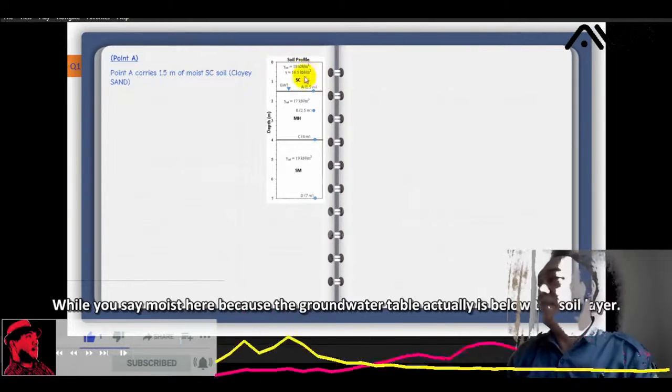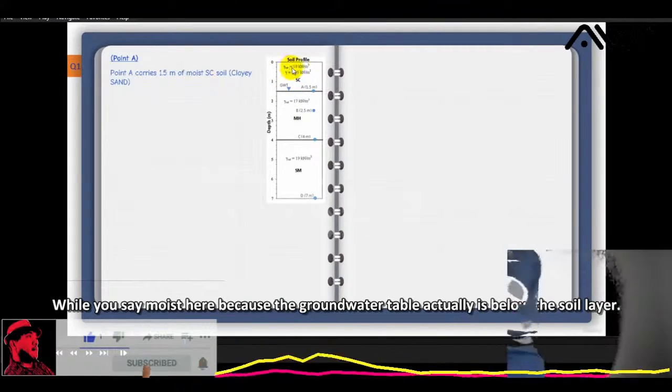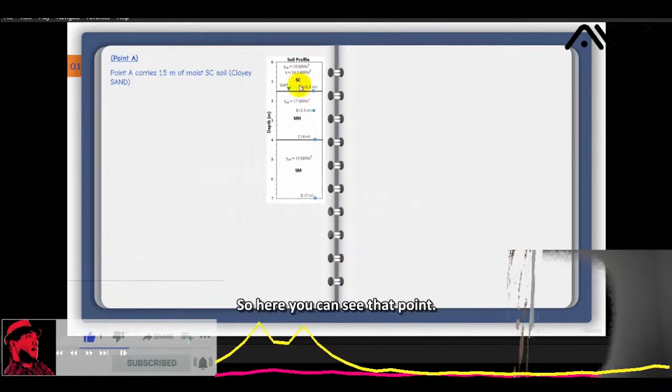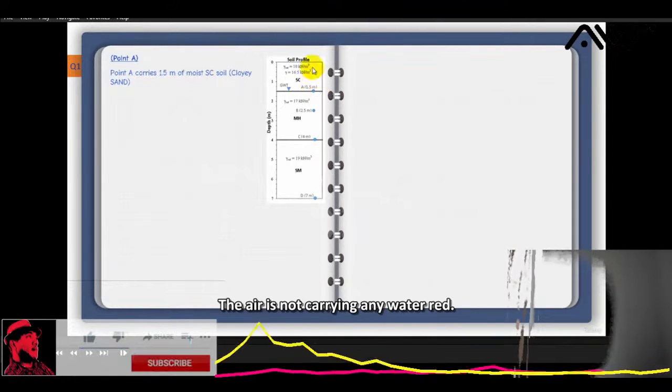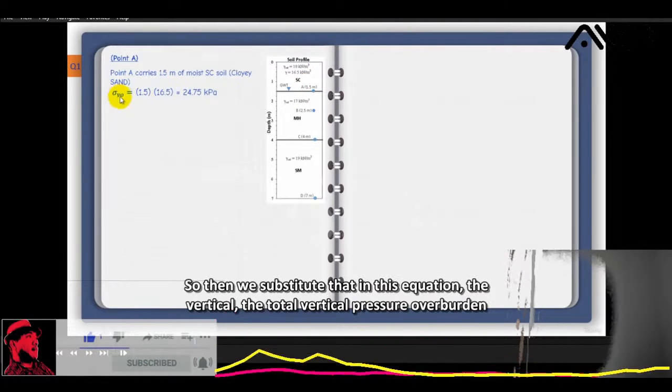Why do we say moist here? Because the groundwater table actually is below the soil layer. So here you can see that point A is not carrying any water head. Then we substitute that in this equation.